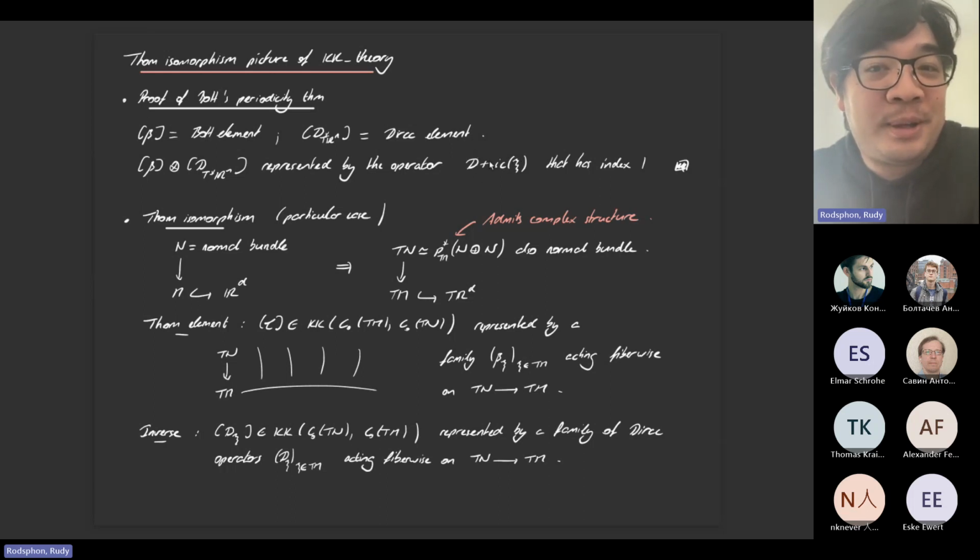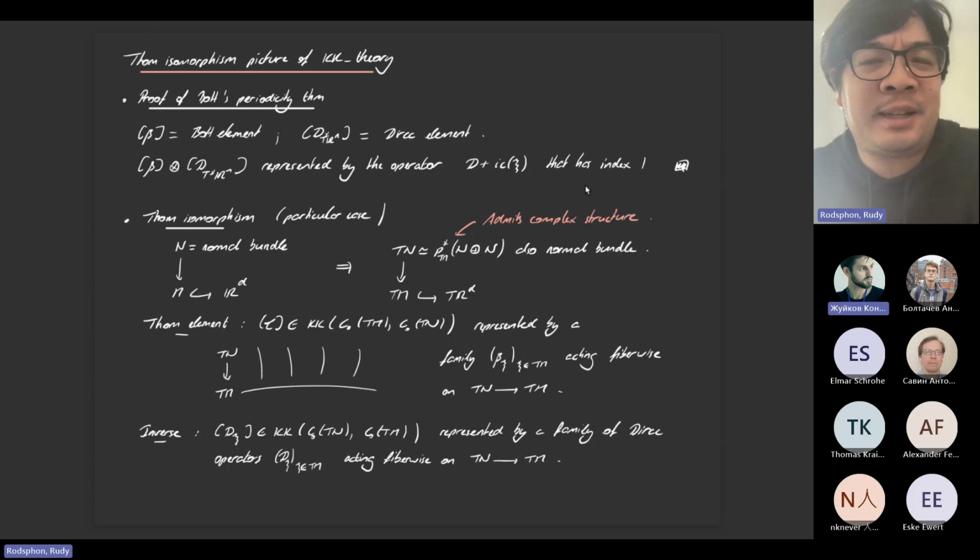If you take the square of that, you can easily see with a little calculation that it's basically a harmonic oscillator, and for that reason it has index 1. Once you've shown that, there is a classical KK argument that tells you that if you have some index 1 operator, then you can homotope that to the unit in KK.